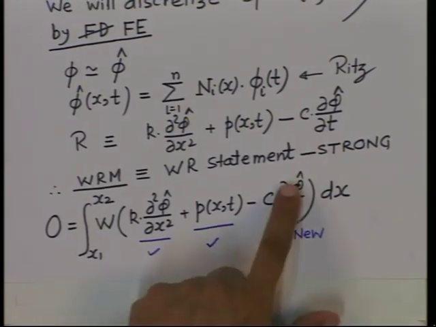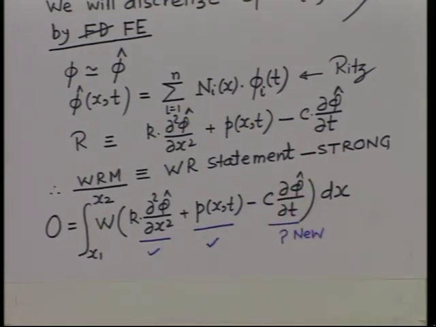Weight times c times d phi by dt integral over dx. How will it look like? All other parts are as before.